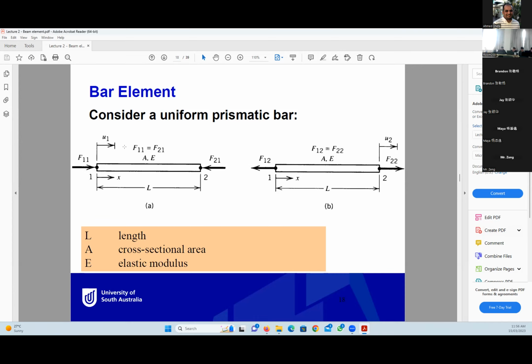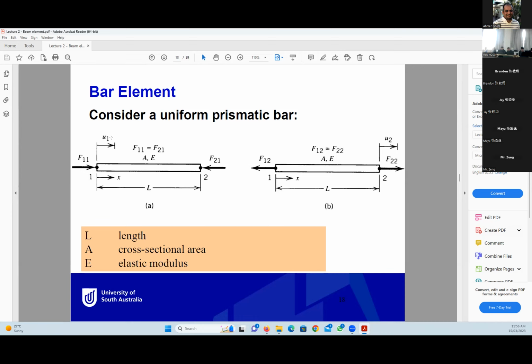To understand this, for the force we have two numbers, F1, 1. The first number, I, is the number of the node. The second one is the effect of deformation at node 1. So F11 means the force at node 1 as a result of displacement U1. F21 means the force at node 2 as a result of displacement U1.